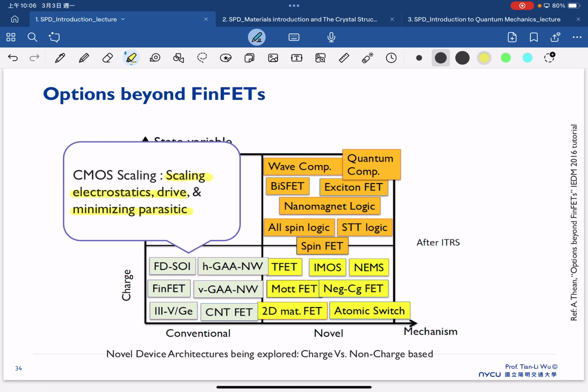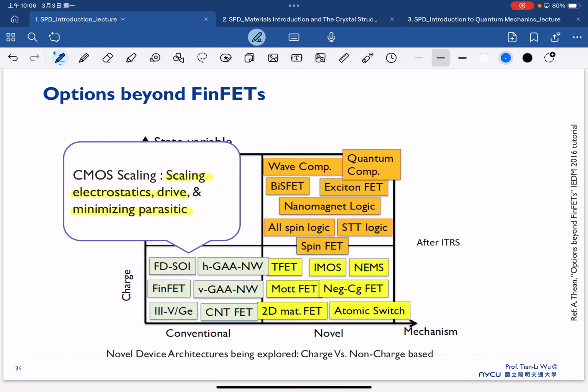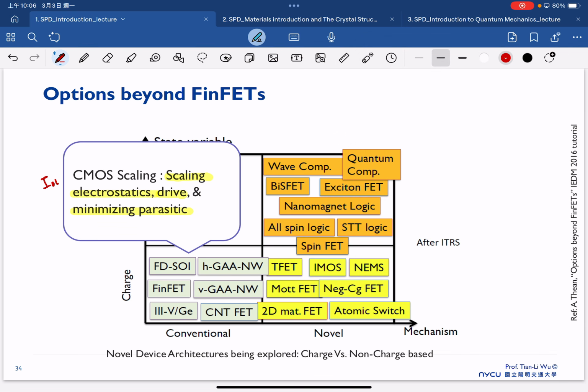Once we talk about electrostatics, what it means is the on/off ratio. So in CMOS scaling, one of the key challenges is how to continue to make our on/off ratio as large as possible.